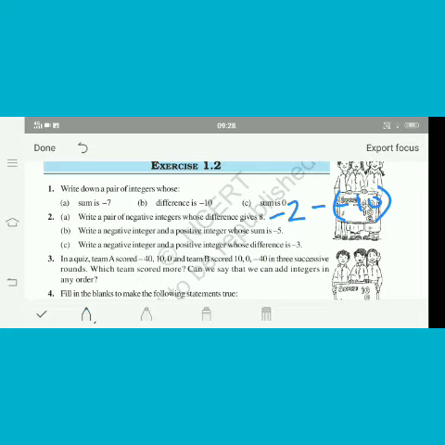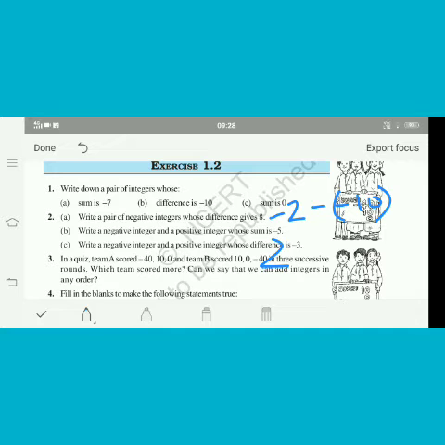So you got my point now. So I am taking minus 10 and minus 2. After taking minus 10 and minus 2, it would be easier, because afterwards we can directly show that 2. So minus minus is equal to plus, and plus minus is equal to minus.